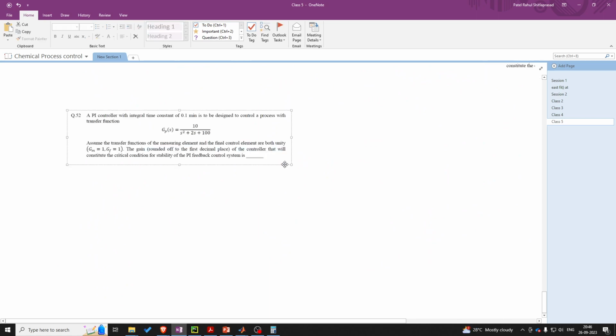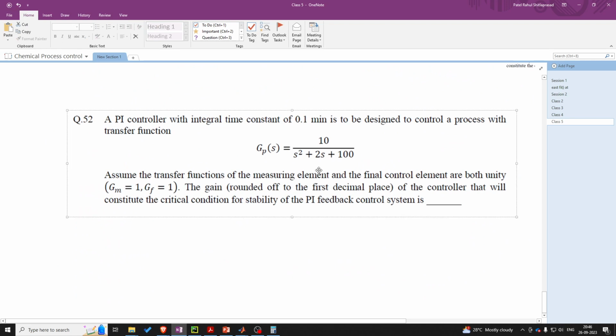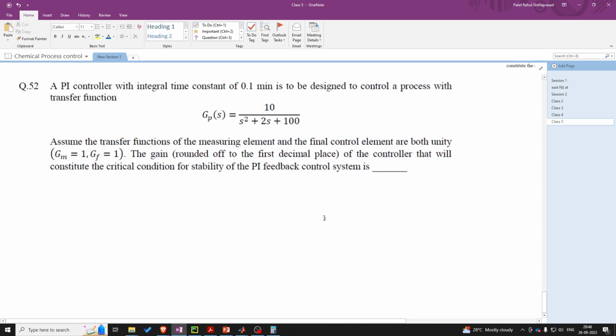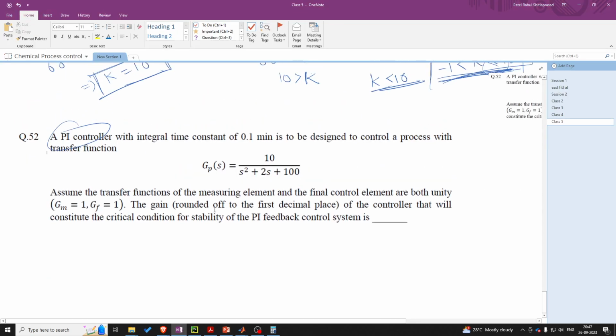This is the question we have been given, whereby we have been given the process model or the transfer function of the process, and then we have been given a PI controller. So we have to first draw a block diagram representation, write the transfer function model, and then comment on the stability of the system. So over here also you will be needing the Routh array.